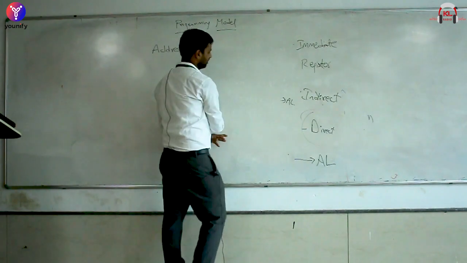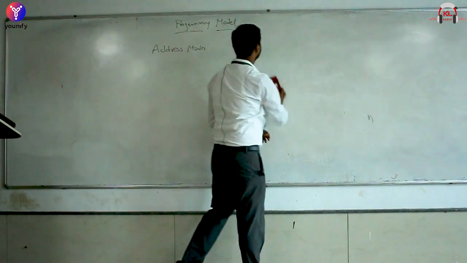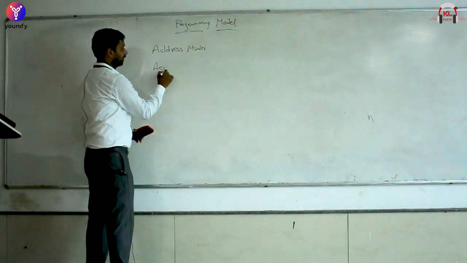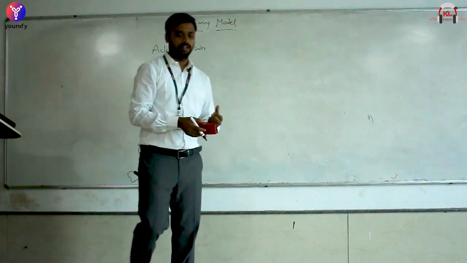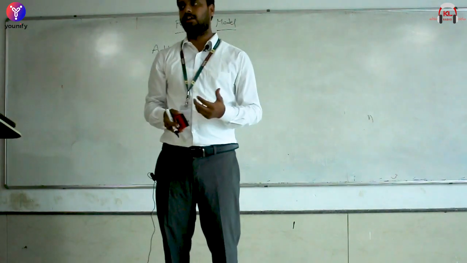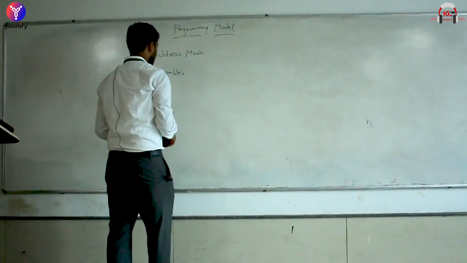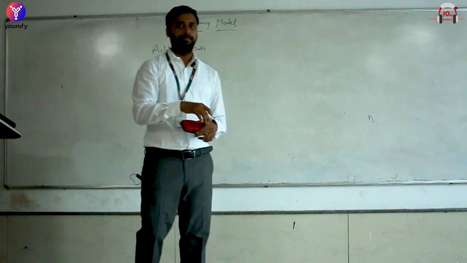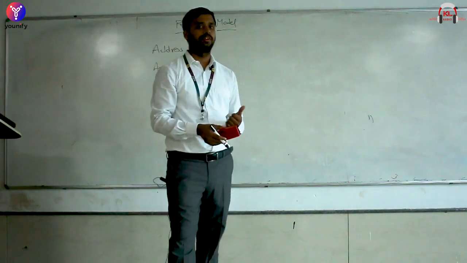So I think that is where we can wrap up the addressing modes part. And then we have assembler directives. Assembler directives are the ones which will assist your assembler, which will actually assemble your programs and generate the machine codes to understand. They are something additional to your instructions, but they still help your assembler to predict what you are trying to write.